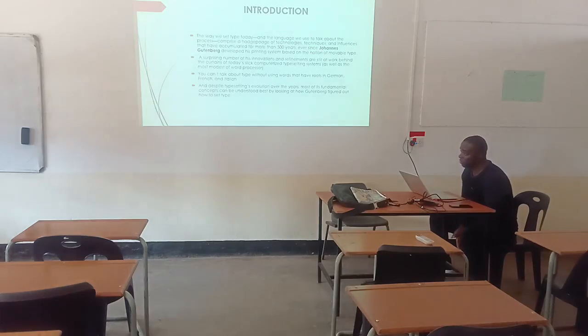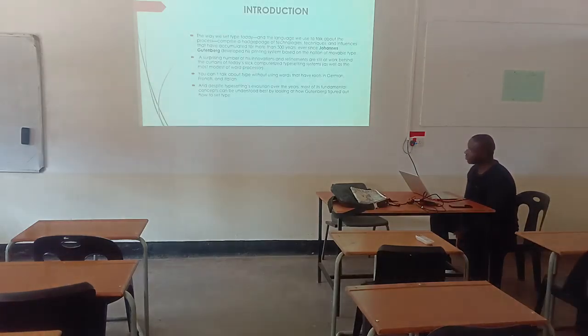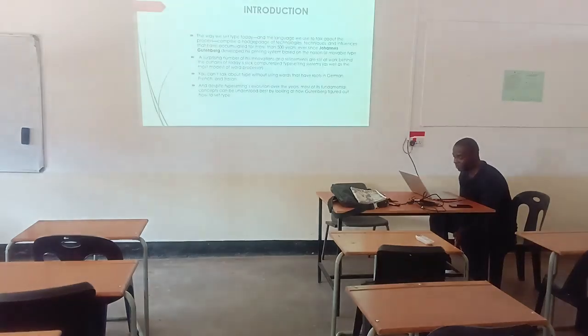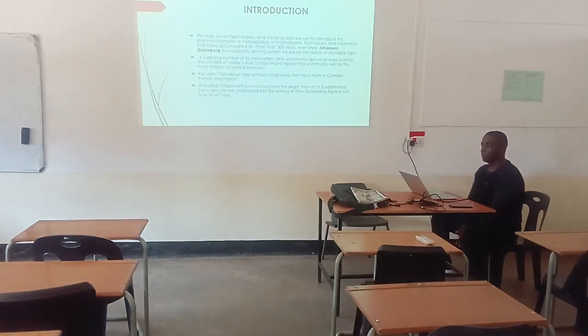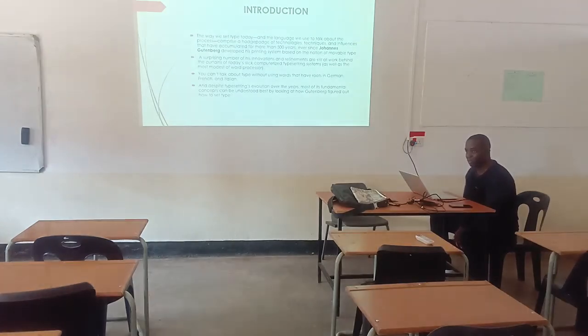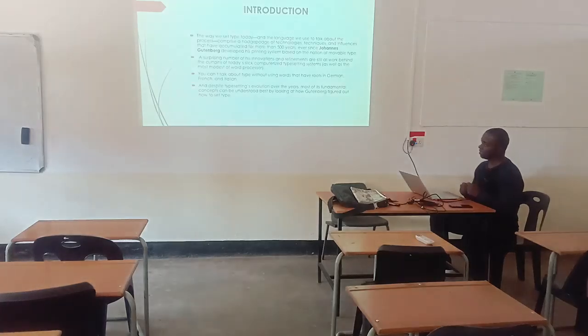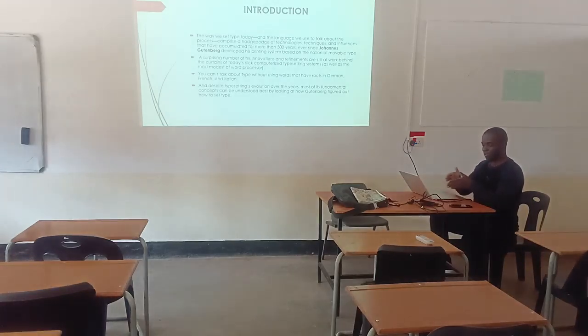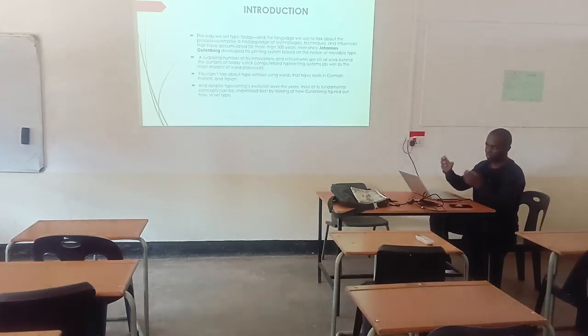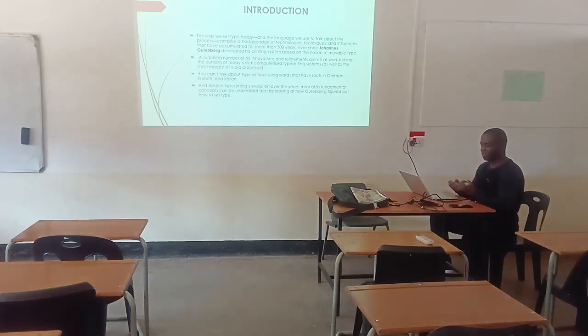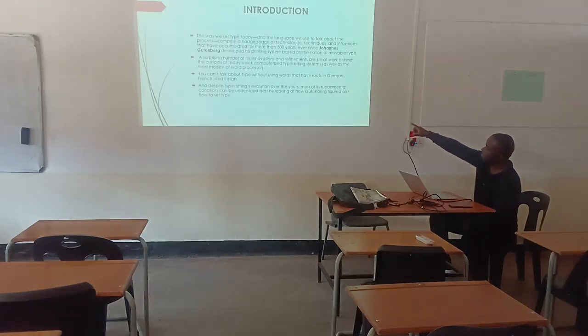The person who invented the printing press is Johannes Gutenberg. When I say printing press, it was now a machine with these characters. The machine had what are called movable types, whereby you have small metallic materials that contain these letters.